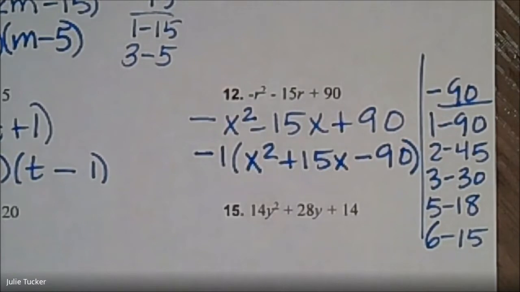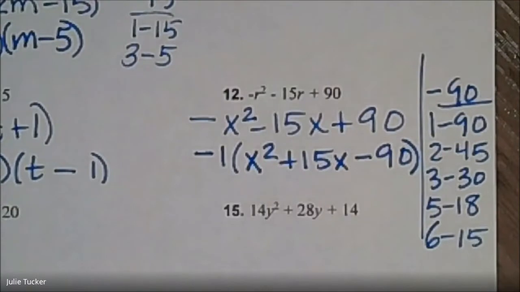I don't think I skipped one. It should have happened between 3 and 5, but 4 does not divide evenly into 90. So I think this is a problem that you can't solve. I think it's a typo. I think I typed the problem wrong when I wrote it. I wonder if it was a plus 15 if you could do it. I don't think so.